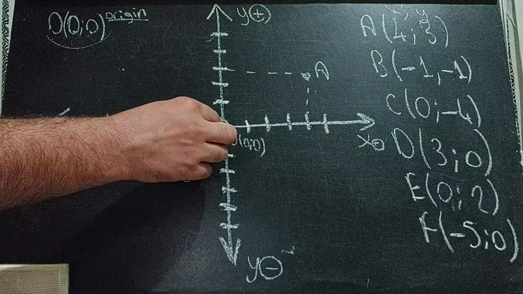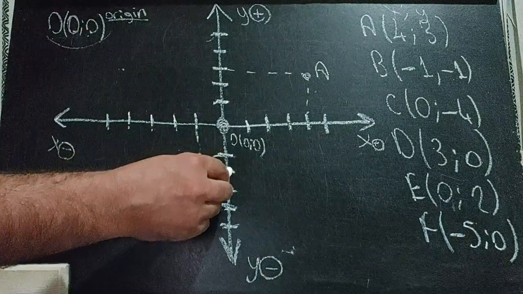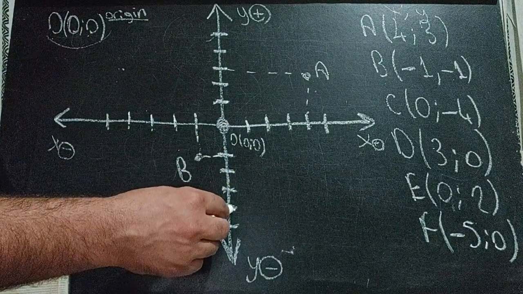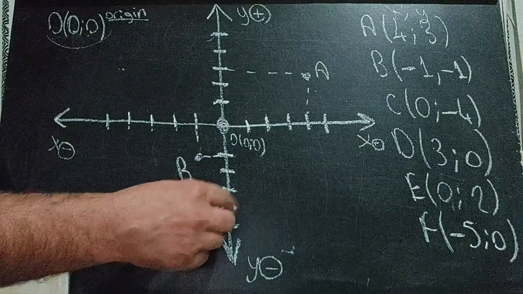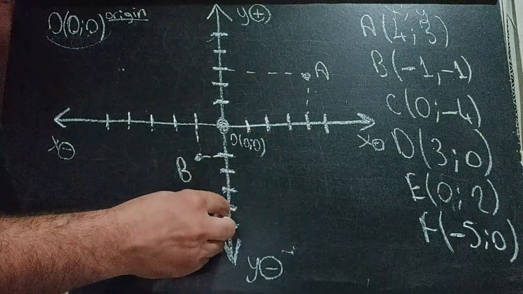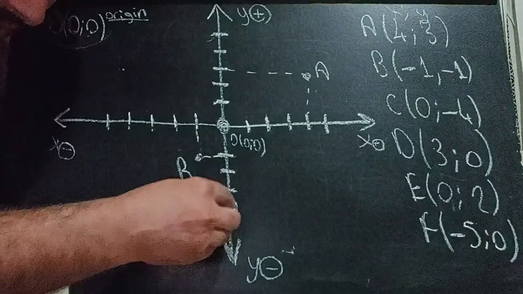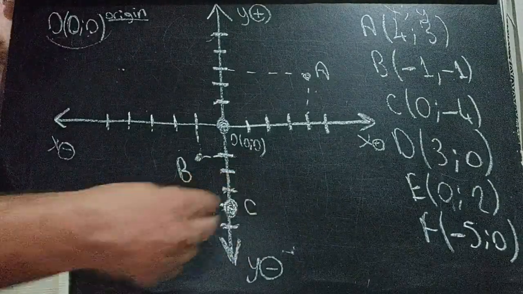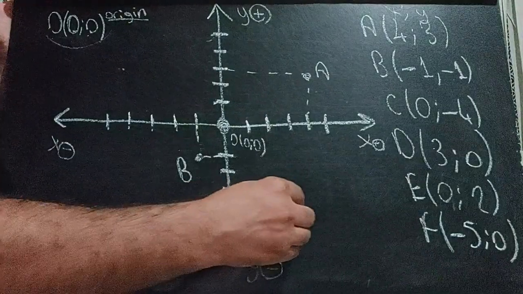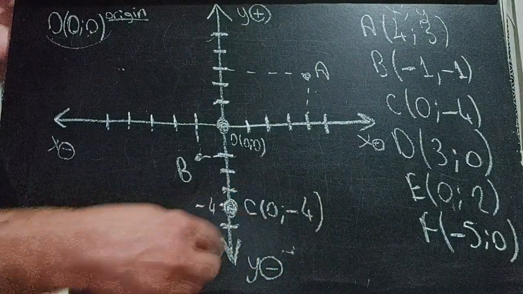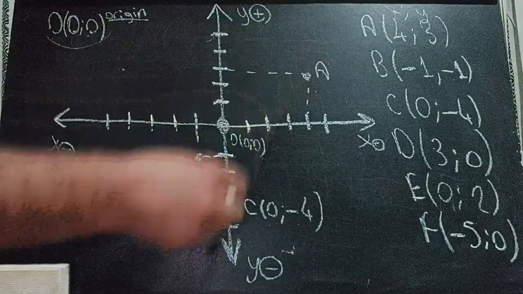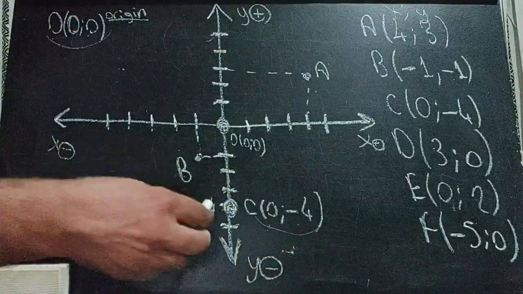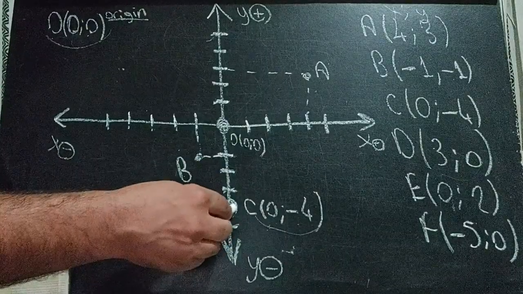X is 0, y is -4, 1, 2, 3, 4 there. So if x is 0, you put this point as C.